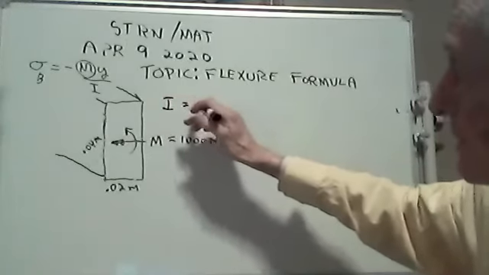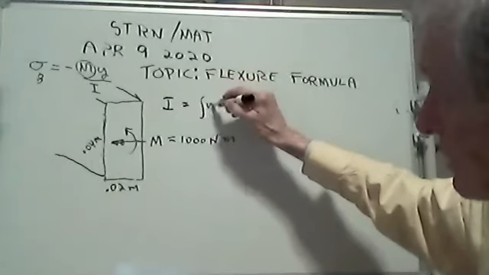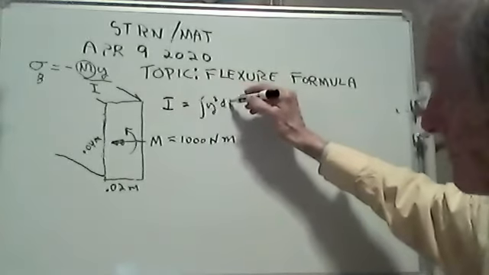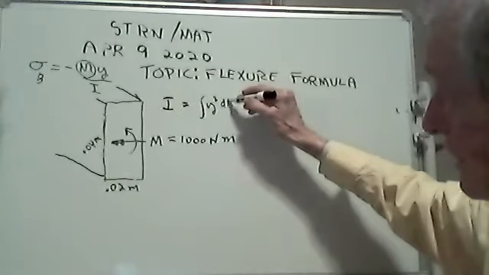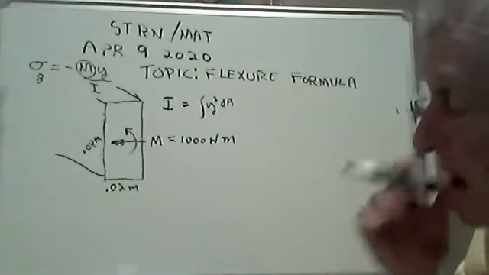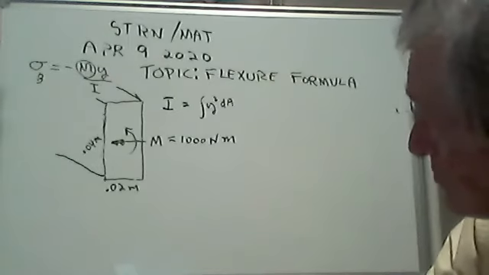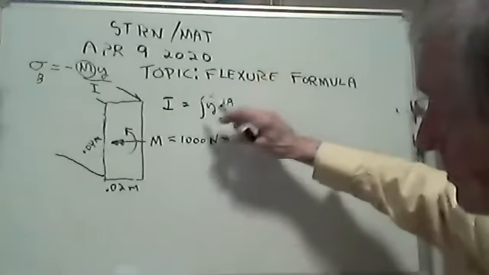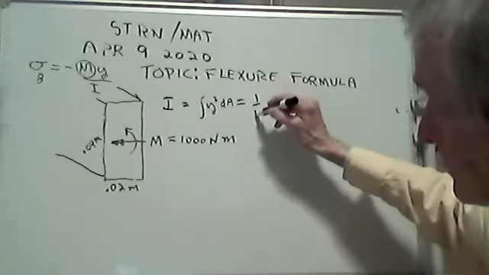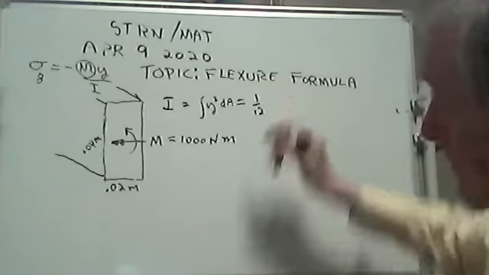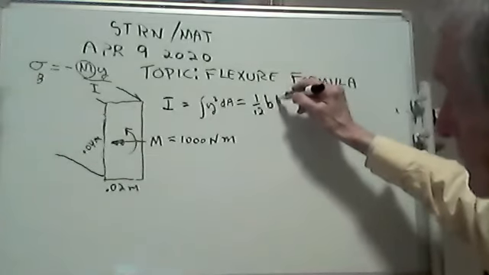And we know the general equation is y squared dm. No, y squared dA. Now, if you integrate this over a rectangle, you get 1/12 the base times the height cubed.